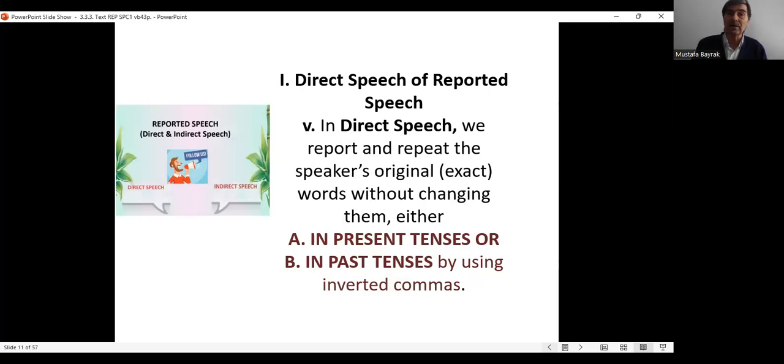Direct speech, now Roman number one, direct speech of reported speech. Let's again focus on it, thinking deeply. In direct speech, we report and repeat the speaker's original exact words without changing them, either in present tenses or in past tenses, by using inverted commas.